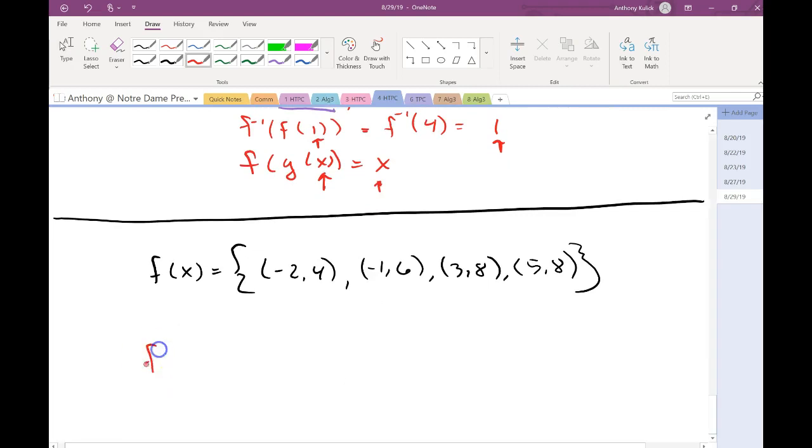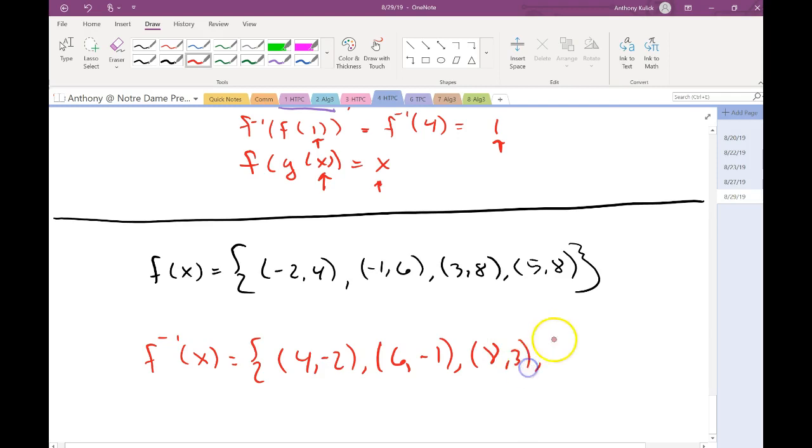In this case, if I were to write down the inverse, what would I say the inverse is? Good. 4, negative 2, 6, negative 1, 8.3, 8.5. Excellent. So all we did was switch the x and y coordinates, right?